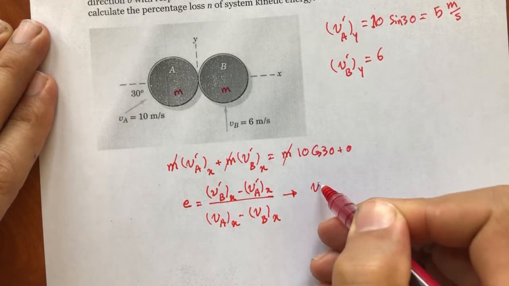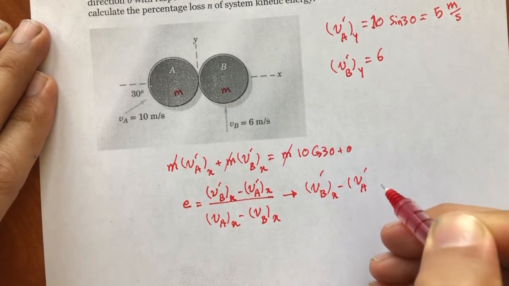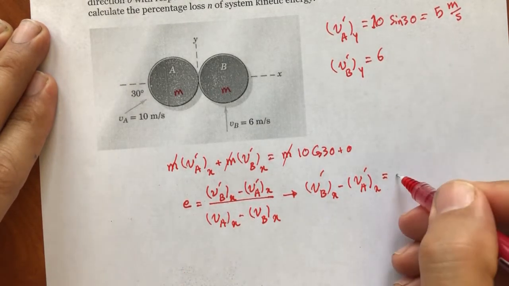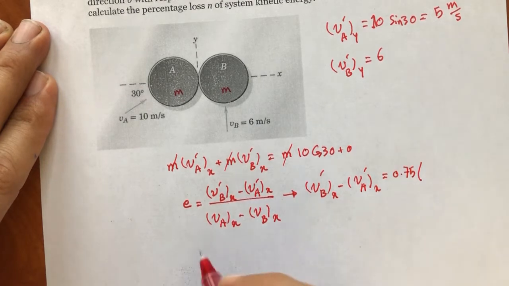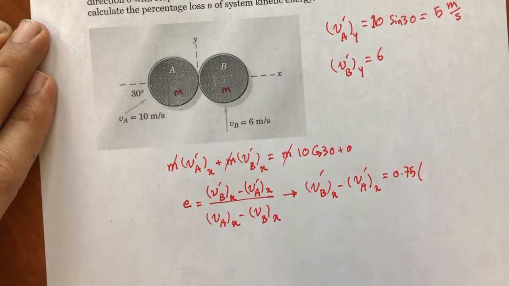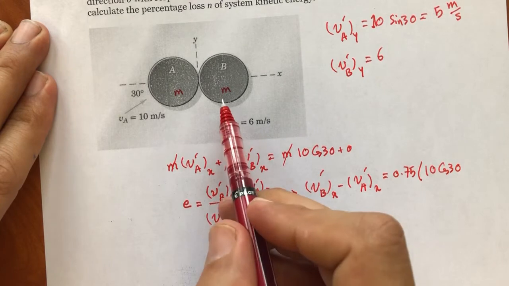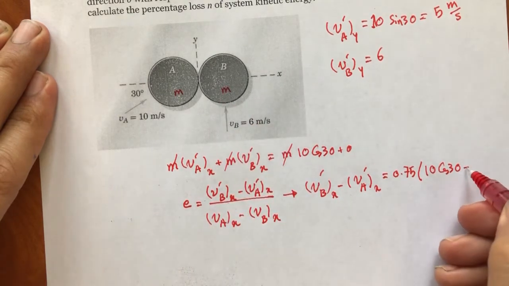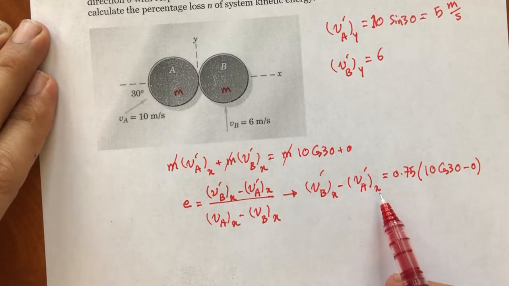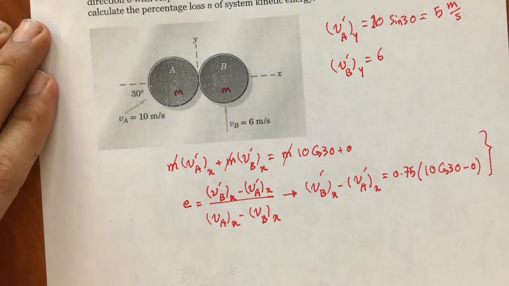So VB prime in the x direction minus VA prime in the x direction is equal to e times this. e is 0.75. Velocity of A before impact in the x direction is 10 times cosine of 30, minus velocity of B in the x direction before impact, which is 0. So we got two equations for these two unknowns, a system of linear equations which we can easily solve.